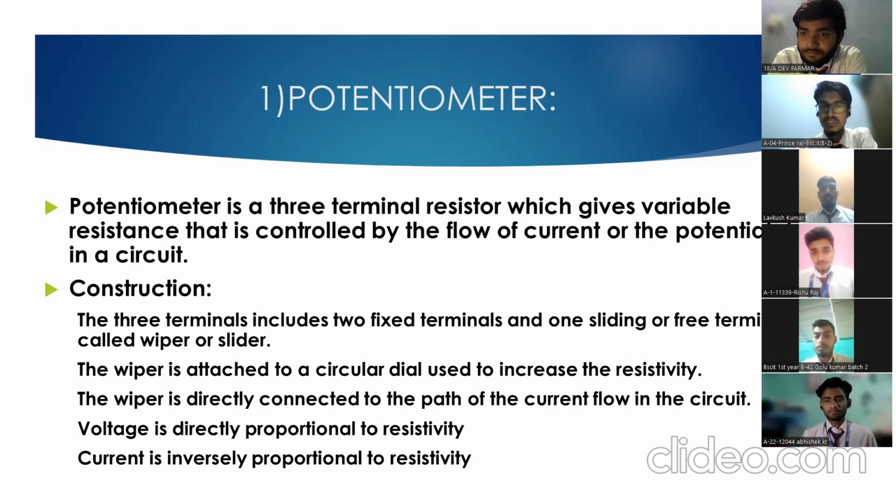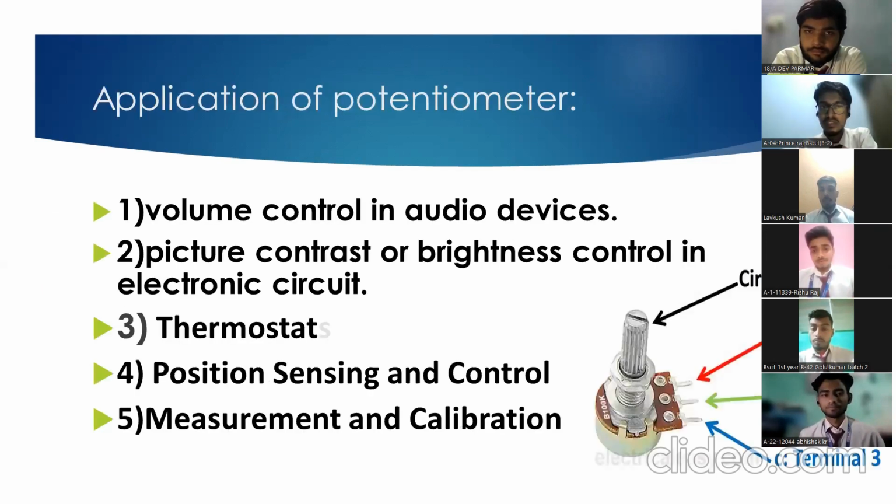It has a circular dial at which the wiper moves freely, and when we move the wiper left to right, then the resistivity of material increases or decreases. It is also used in various types of devices.